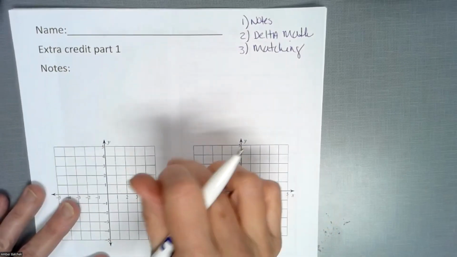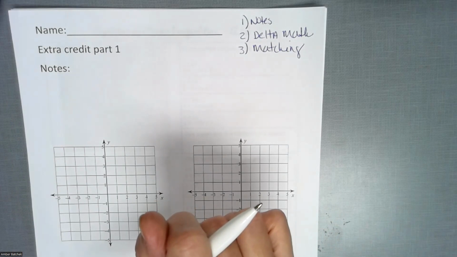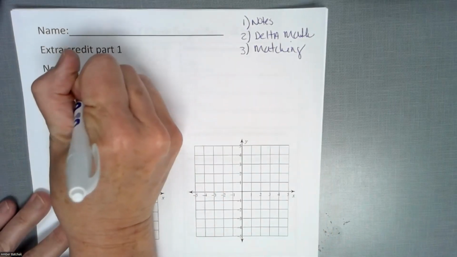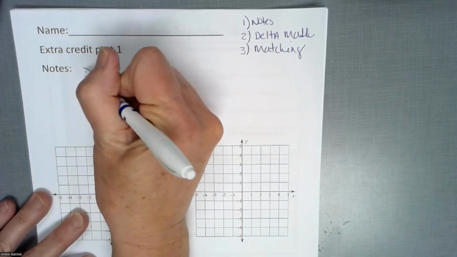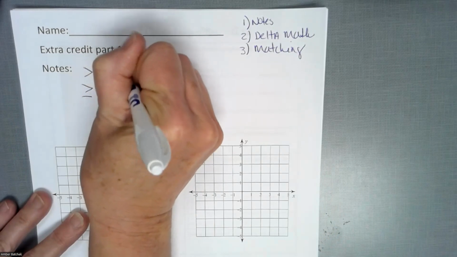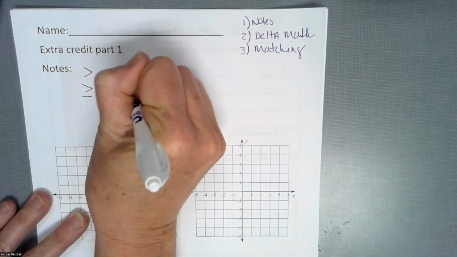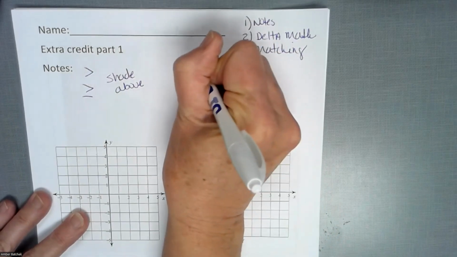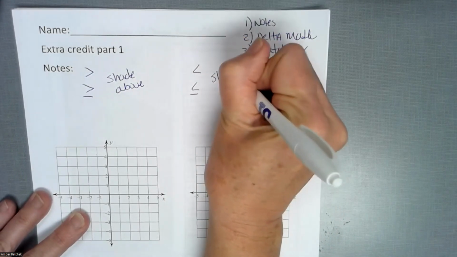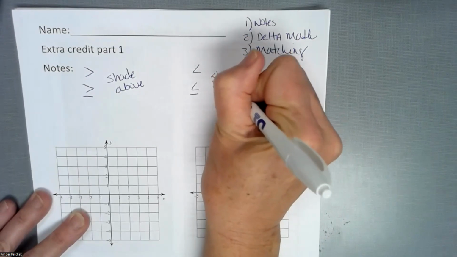So you're going to recognize a little bit of this. This is graphing inequalities, but we're going to do a system. So hopefully you will recall that when we have greater than signs, we are going to shade above the line. When we have less than or equal to, we are going to shade below the line.